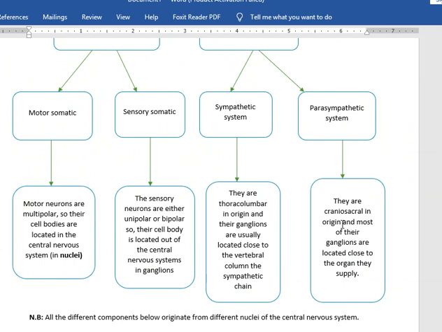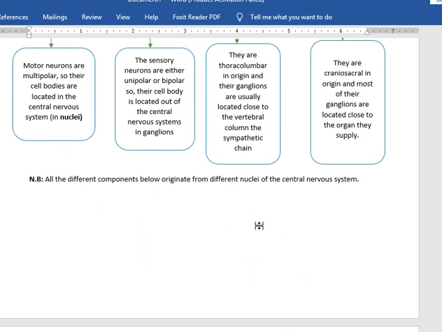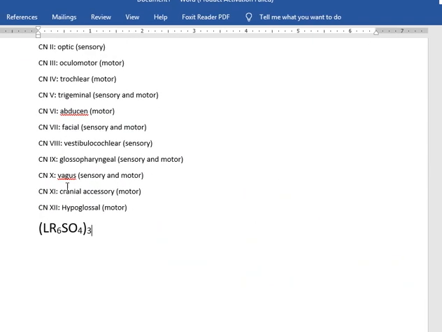So the question I need to ask you again is, what is the parasympathetic supply at the level of the thorax and the abdomen, the thoracolumbar region? The parasympathetic supply which moves across the thoracolumbar region is due to this great nerve, the vagus nerve.